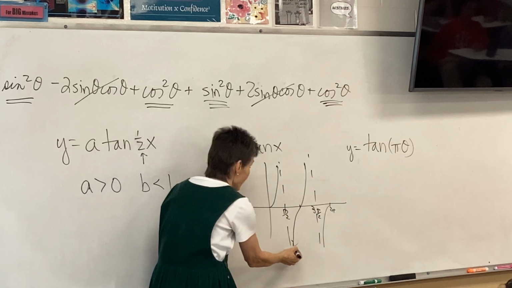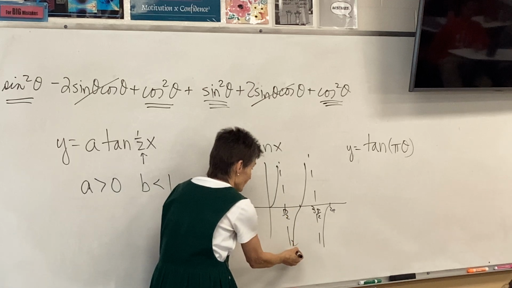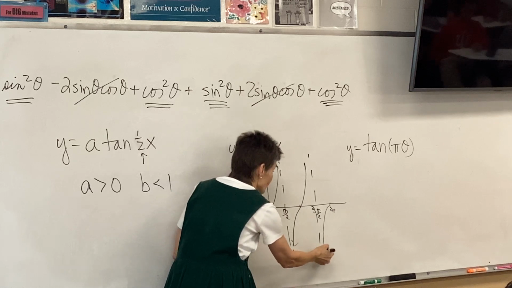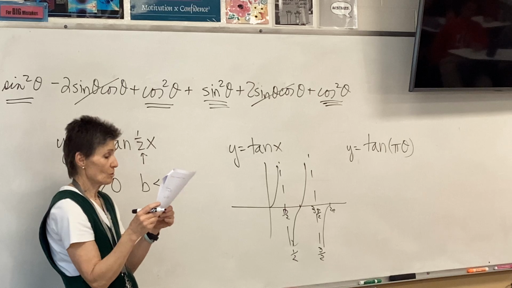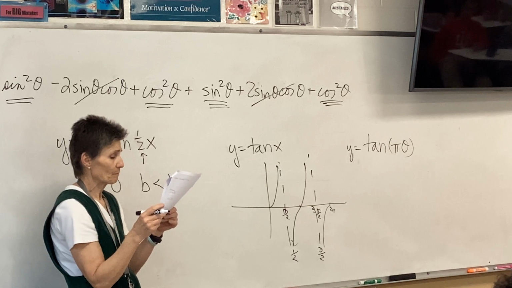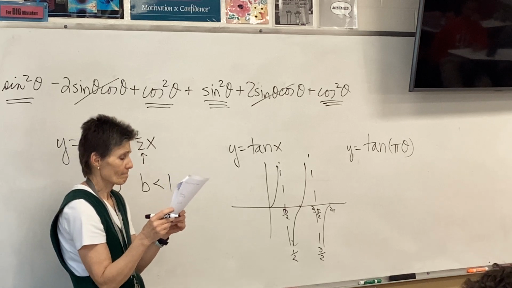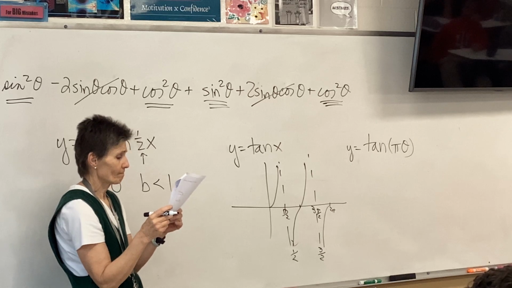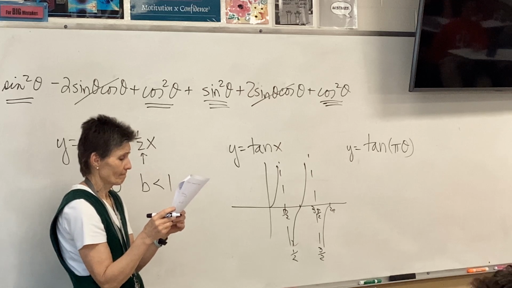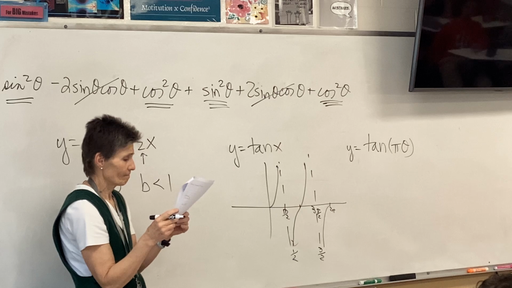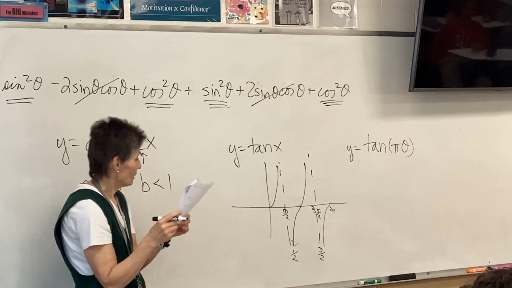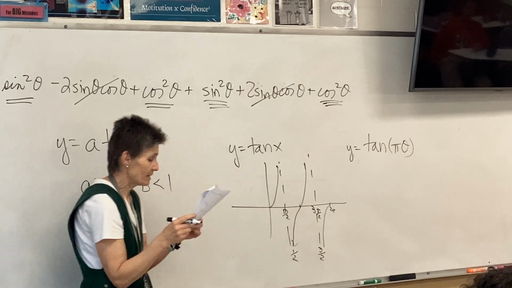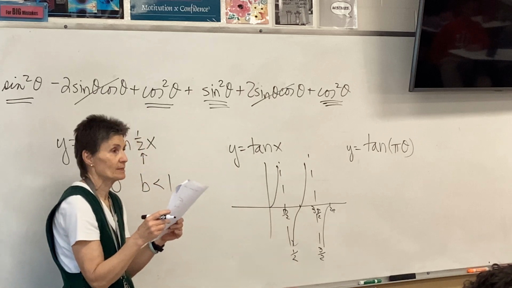This one would be at 1/2, and this one would be at 3/2. Which answer matches up with that? K is an integer, so I think C is your answer, isn't it?